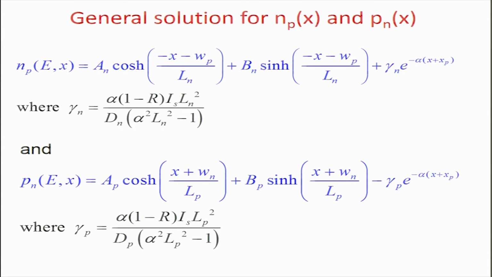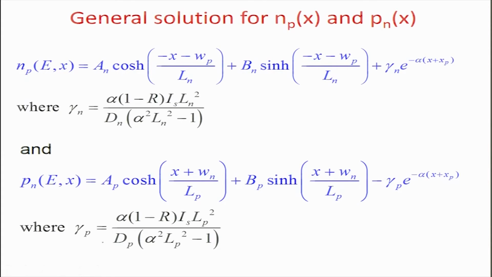On the N side for the holes, you will have the Wn term coming, and since you are talking about holes, the minority carrier diffusion length is considered. So, you have a cosh term, you have a sinh term, and a similar term, but instead of plus gamma n you have minus gamma p exponential of minus alpha into (x plus xp).